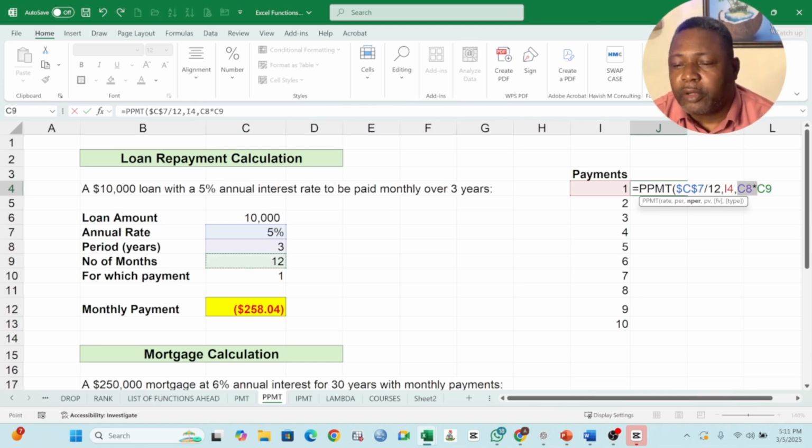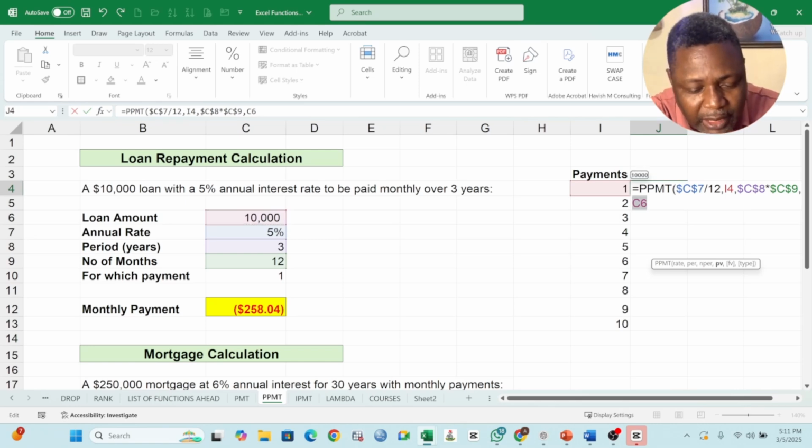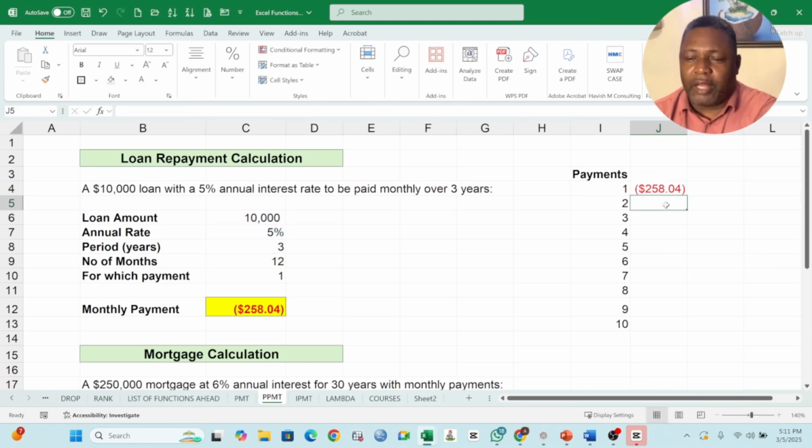We're going to make all these values absolute. This I4 is not going to be absolute because that is the payment period. Then of course we're going to pick our loan amount, which is 10,000, and that is also going to be absolute. What it means is that when we are dragging the function downwards, the location of the value is not going to change.